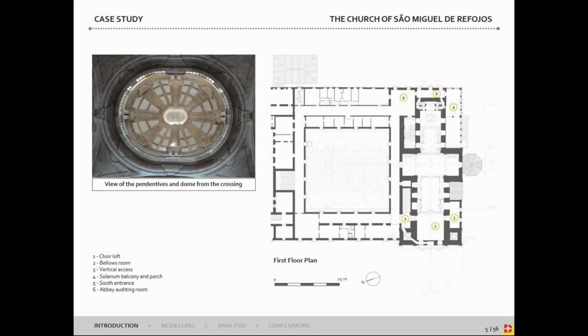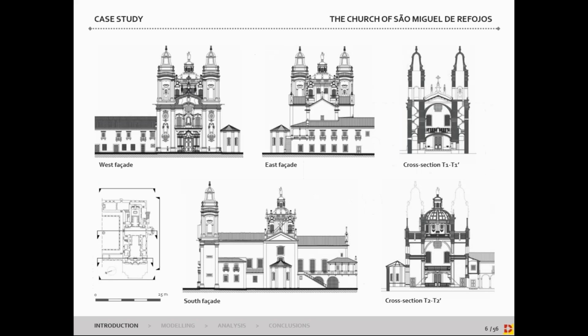The crossing is covered by a dome supported by pendentives, and in turn the dome is made up of a drum, a cupola, and a lantern on top. So the highest point of the church is approximately 35 meters above the floor. The main facade has 2 bell towers with quadrangular plan, and they are about 40 meters high, so these are the highest points of the whole building.